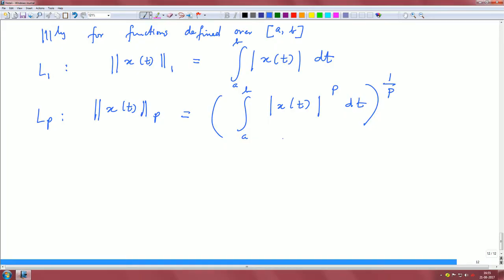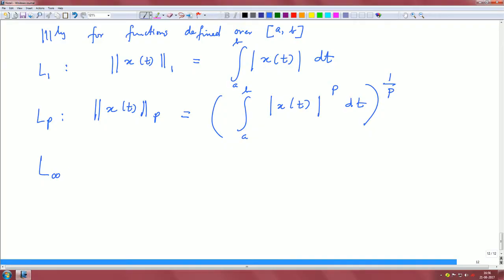And if p equals 2, you are looking at the squared signal, this is square integrability in some sense. Clear? We have not gone to signals, we are only talking about functions, but this is like a signal. So, we have the L infinity notion, and this is the sup.